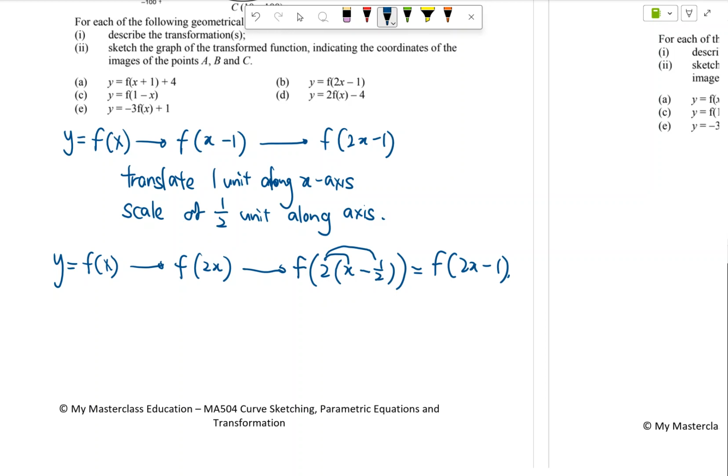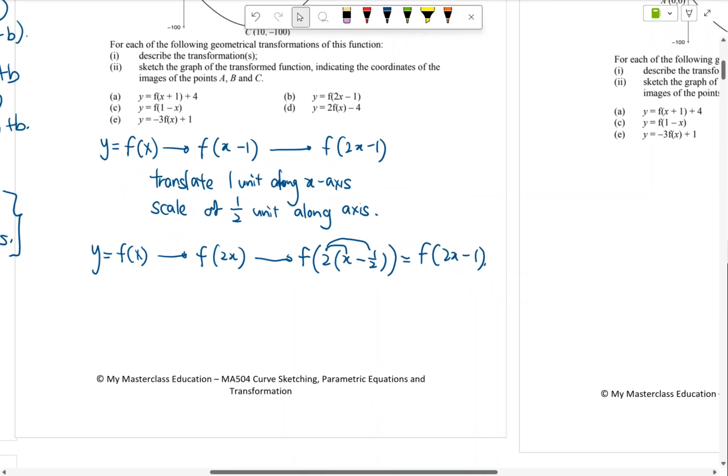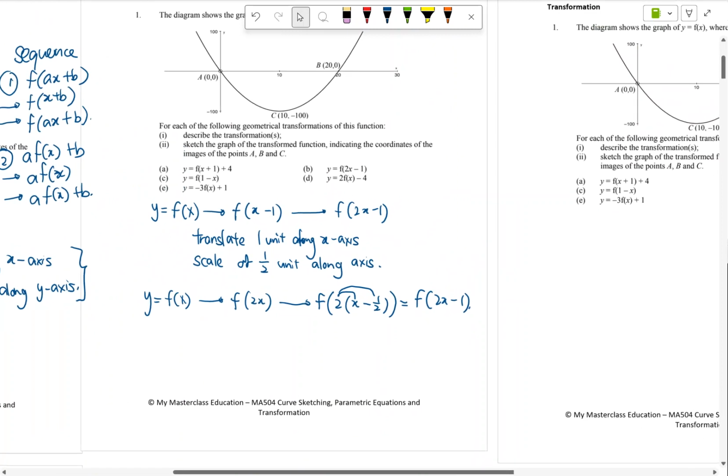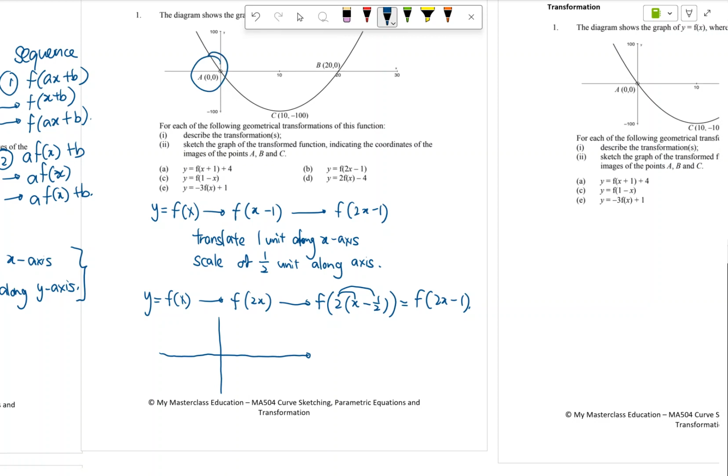So if you are forced in some circumstances to do scale before translate, be mindful that the 2 will affect whatever constants you are introducing to the x. Okay, so for this case, if I want to draw a sketch of the graph above, I am looking at the x at 0, 0.